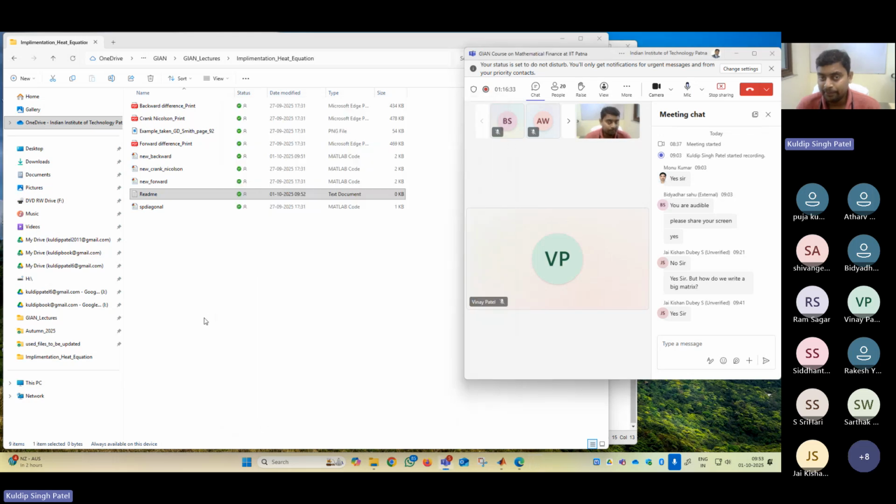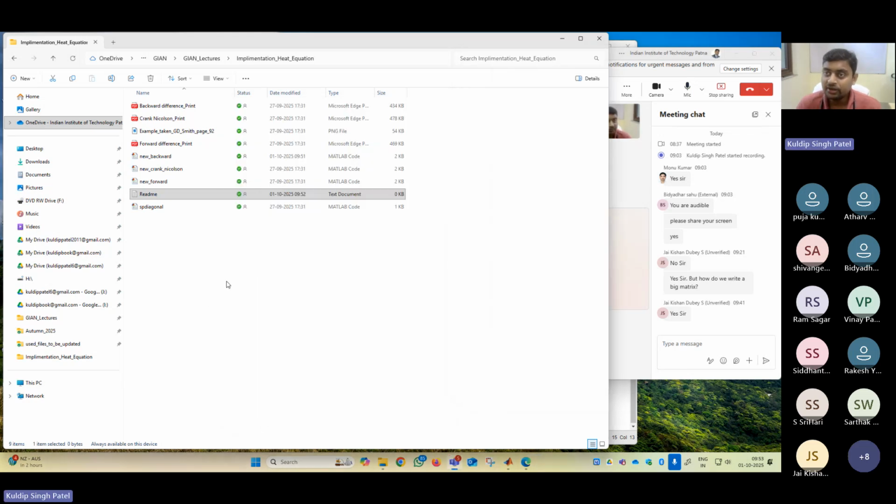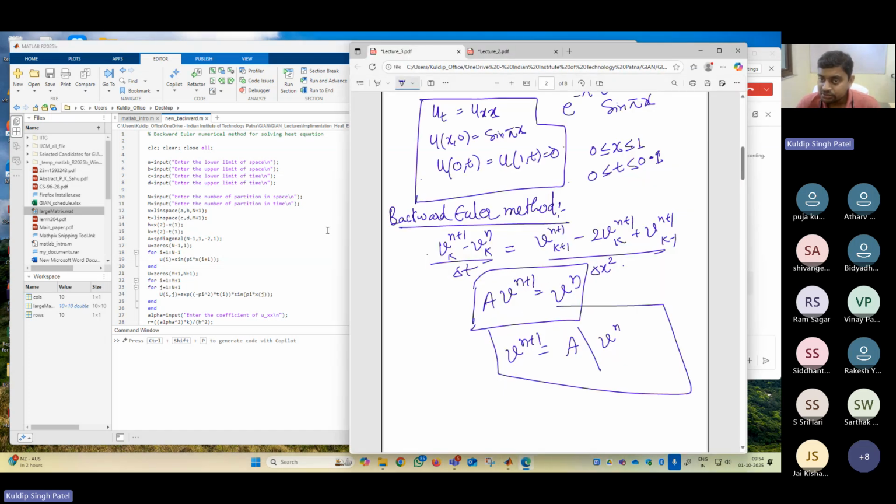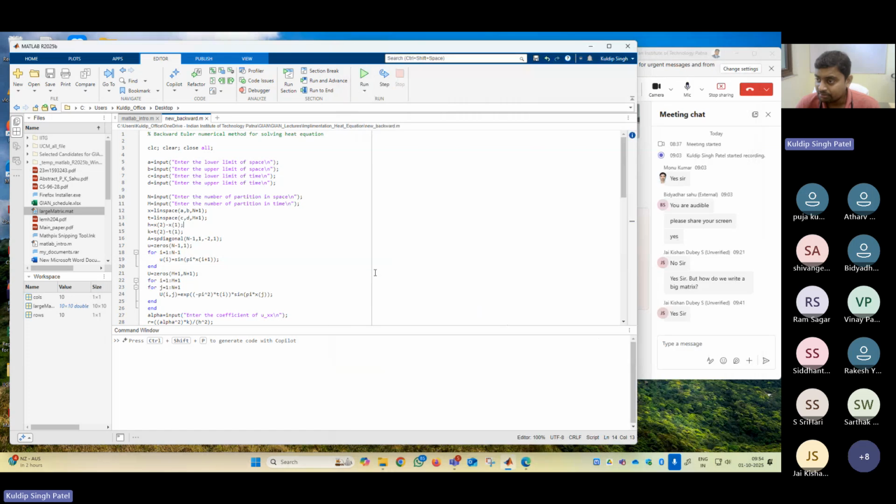Now coming back to this, in the code also you should write in the very first line what that particular file is doing. So till here I think it's clear enough.